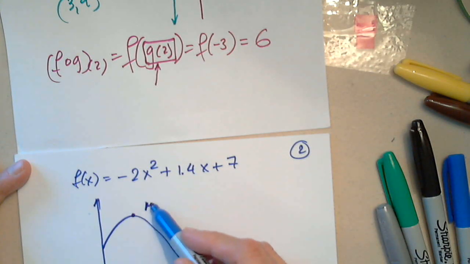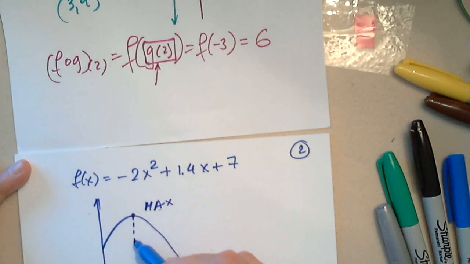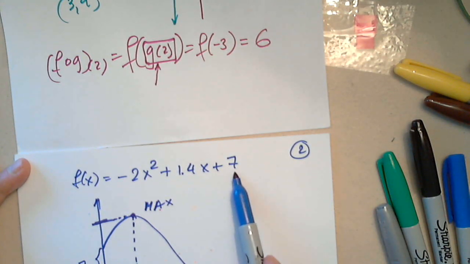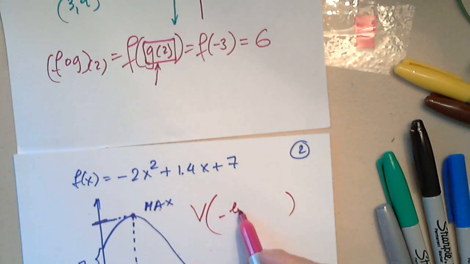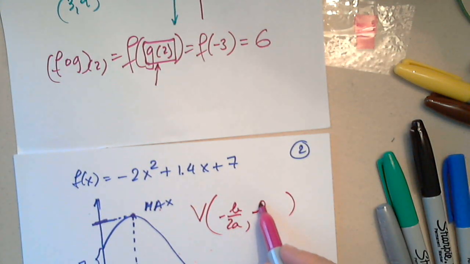It will reach a maximum height. This is the maximum height, and this is where it reaches it, for which x. And this is your 7, because that's the y-intercept. And this is going to be the x-intercept right here. In this problem, we are always going to be asked to find the max. So you must remember this, the negative b over 2a and f of the negative b over 2a.